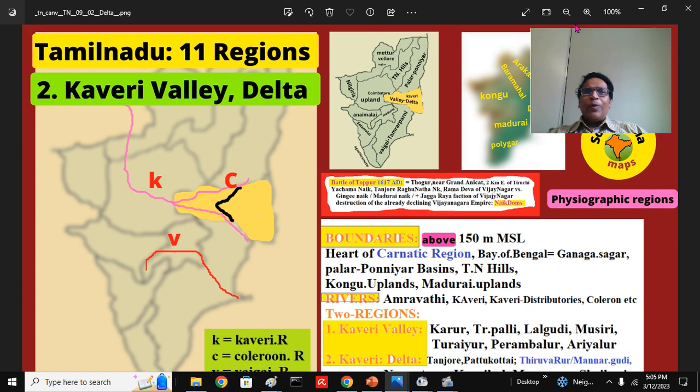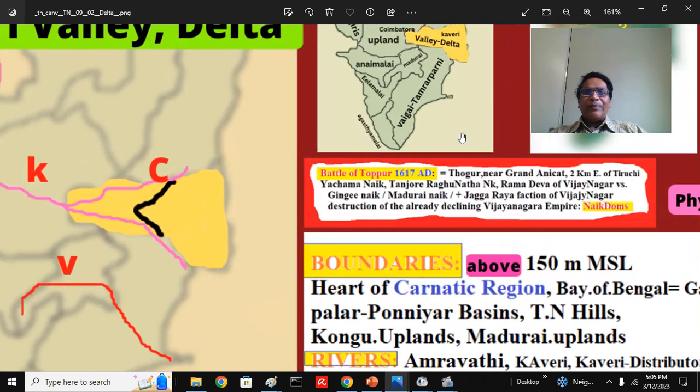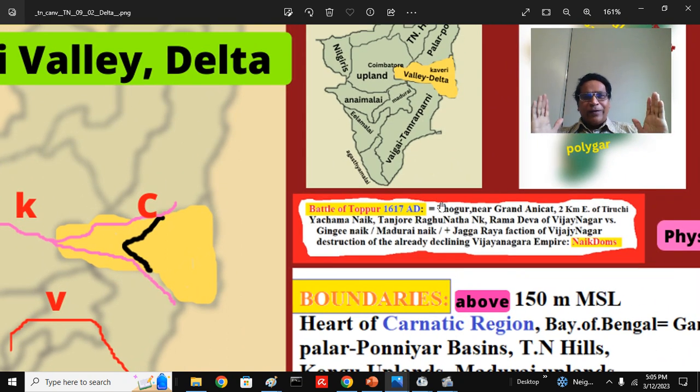One important historical point you can remember is the famous Battle of Toppur, fought in 1617. It was a very big battle between different factions of the declining Vijayanagara Empire, at that time ruling from the Rayavellur and Chandragiri regions.